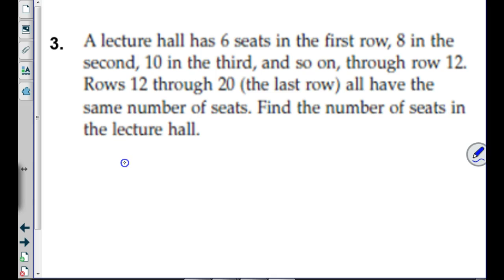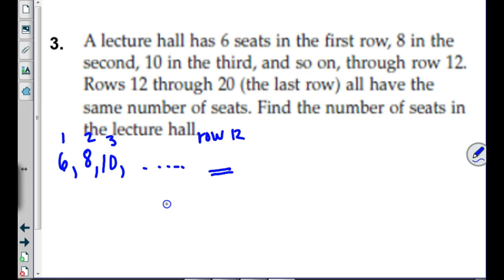A lecture hall has 6 seats in the first row, 8 seats in the second row, 10 seats in the third row, and so on through row 12. So this was row 1, 2, 3. Okay, can we find out how many are in row 12? How would we do that? Okay, hang on. Yeah, then it goes on.